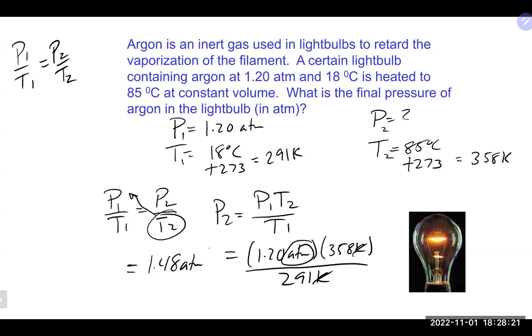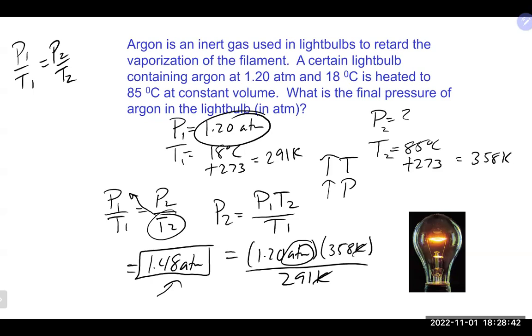And that would be atmospheres, as we are looking for a pressure. Here we see that the temperature went up, so we would expect the pressure to go up, and it did as well. So we're all good in terms of that. Any questions on any of those there?